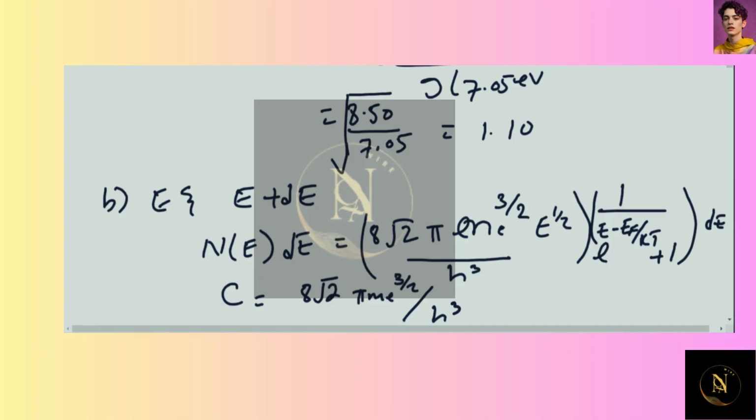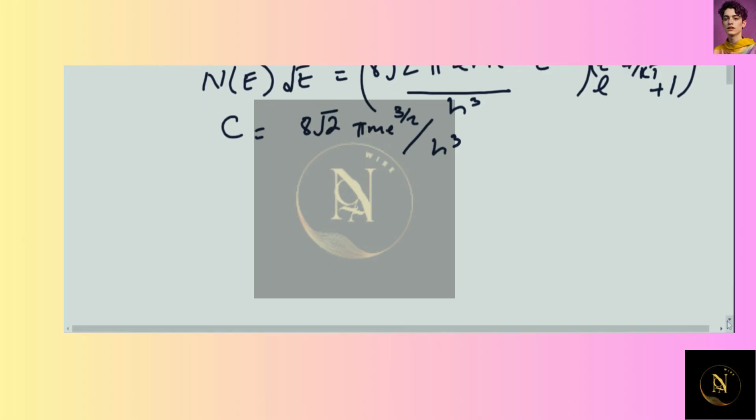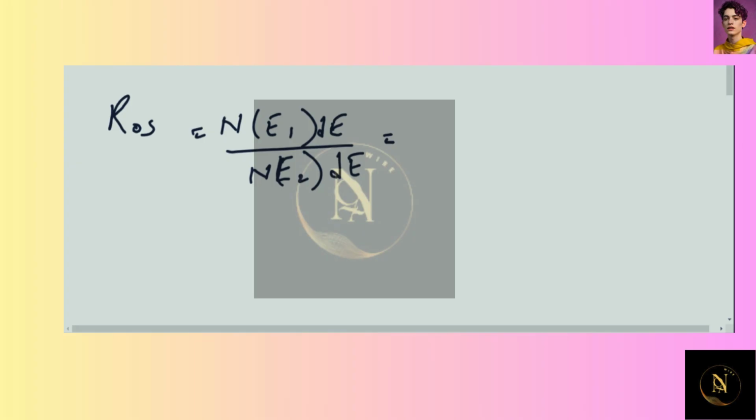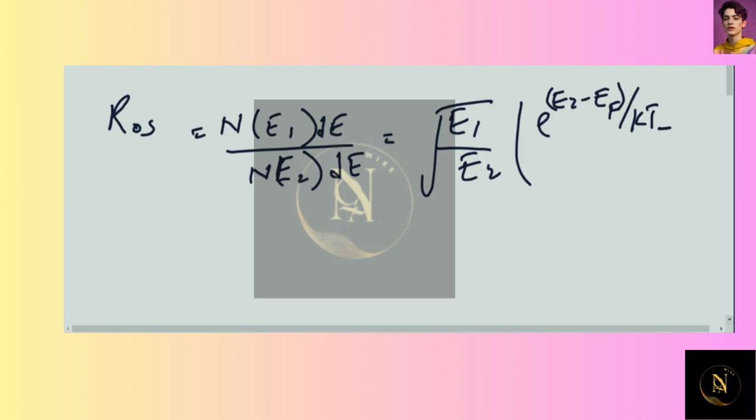Then we can rewrite the above equation using C. Then the ratio of occupied states for E1 and E2 will be N of E1 dE divided by N of E2 dE, which is E1 divided by E2 square root, times exponential of E2 minus E_F, the Fermi energy, divided by Boltzmann constant times T, plus 1, divided by exponential of E1 minus E_F divided by kT plus 1, where E1 is 8.50, E2 is 7.05, at a temperature T equal to 300 Kelvin.